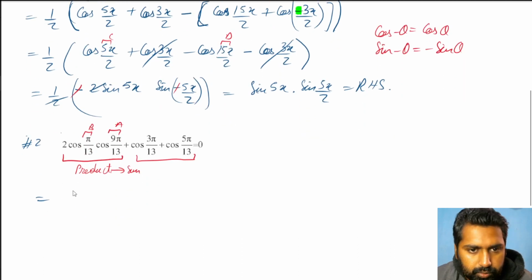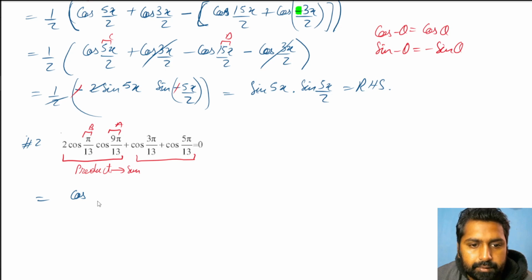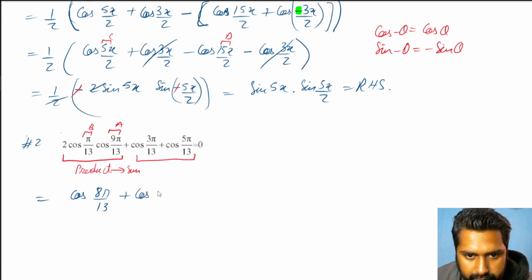So 2 cos A cos B is cos of (A minus B), so 9 pi minus pi, so 8 pi by 13, plus cos of the addition, 9 pi plus pi, 10 pi by 13 directly.